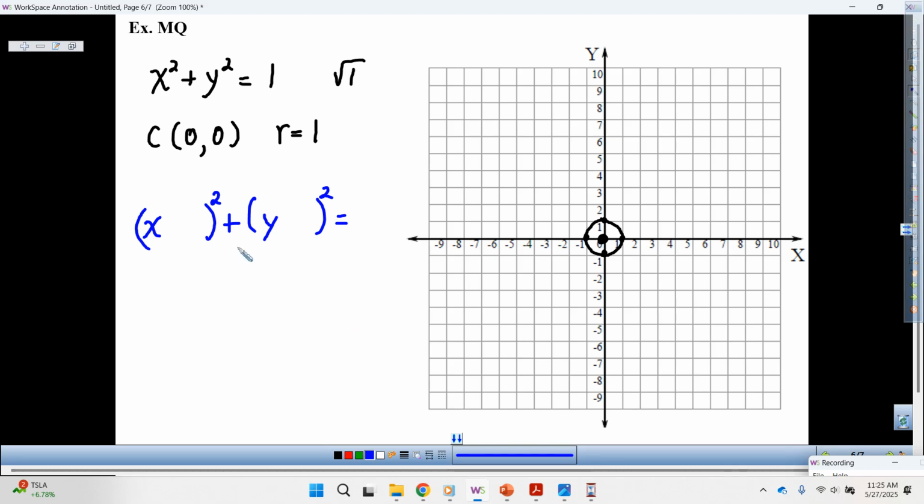So, tell your neighbor the new function, 4 to the left, 5 up, and the radius of 2. And then go ahead and graph it after you show that to your neighbor.